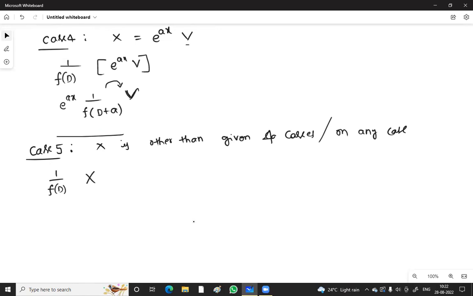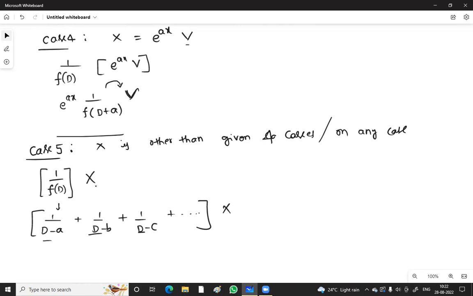Here, this thing you have to resolve into partial fractions like that. It means 1 over f of D you resolve into partial fractions. In that case, suppose you are getting something like this: 1 over D minus a plus 1 over D minus b plus 1 over D minus c, or D plus c, whatever it is. Now you have to operate each term on x, because 1 over f of D has been divided into partial fractions.